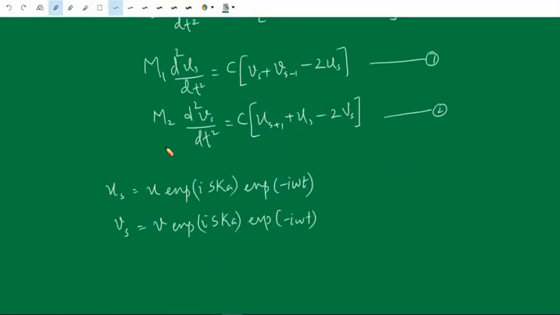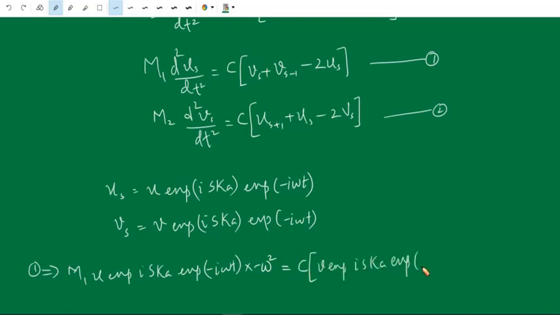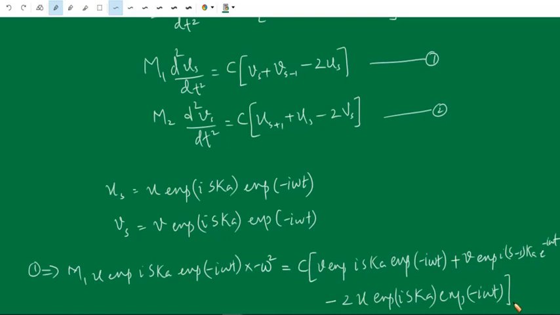Okay. Substituting these values in the above equation, we will get equation 1 as follows.